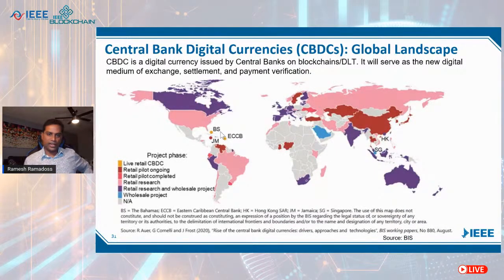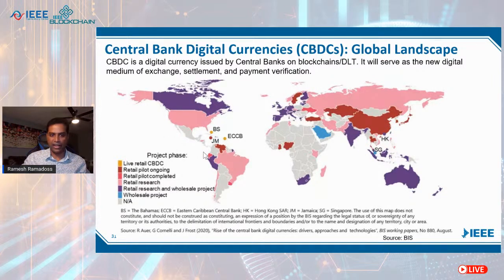So here is a very interesting use case where governments are looking at issuing digital currencies on a blockchain. These are called central bank digital currencies. So you don't need to print paper money and distribute it anymore, if this is all done digitally. This picture shows what stages some of the countries are at.